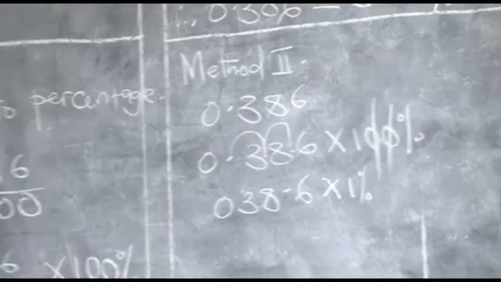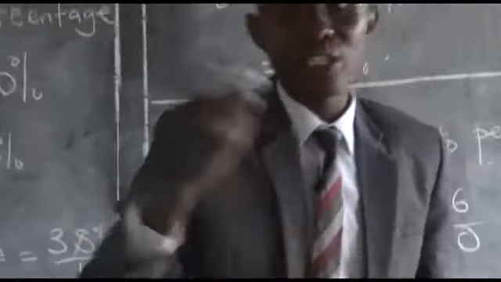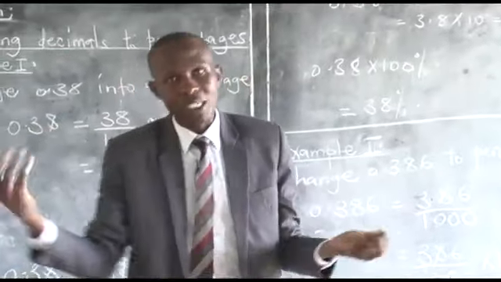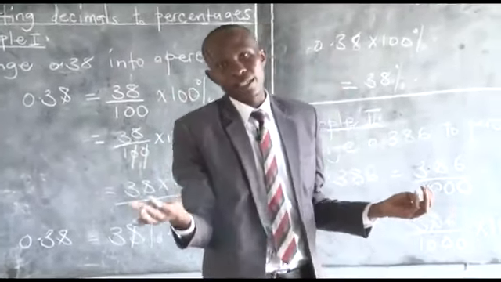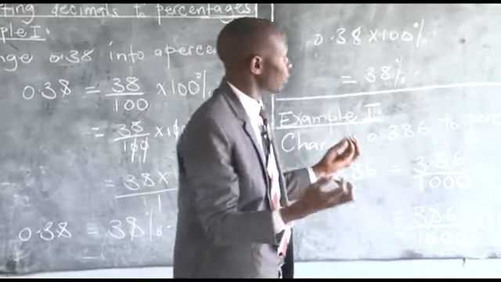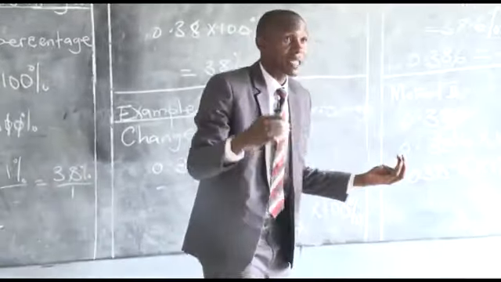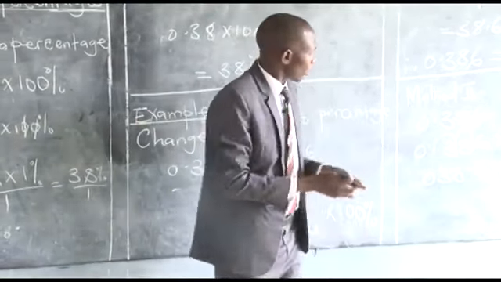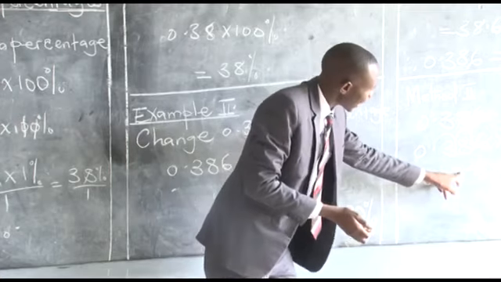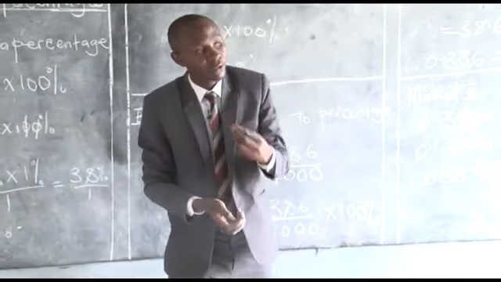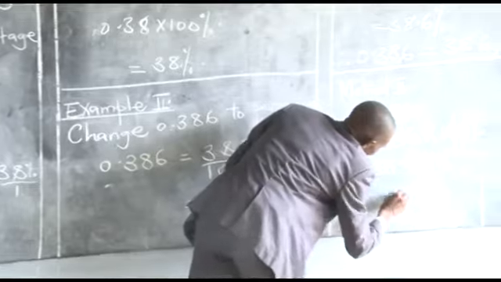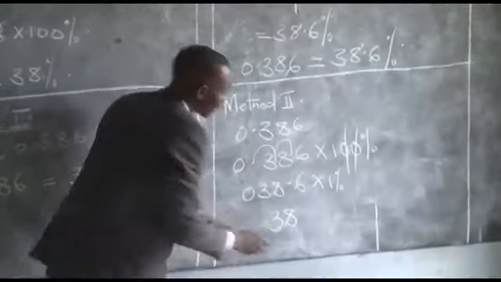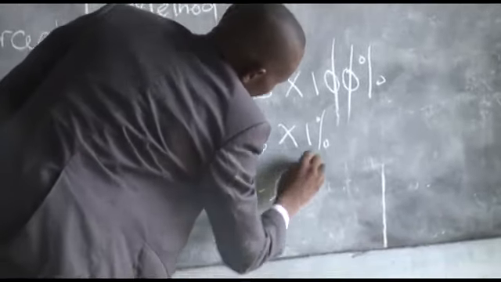When somebody says 0, 1, another person says 1, another person says 0, 0, 0, 1. What is the difference? There is nothing like a difference actually. The only difference, somebody is just reading 0, 0, 0. It's like saying nothing, nothing, nothing, 1. So, writing 38 is better, because 0 means nothing. So it is 38.6%.